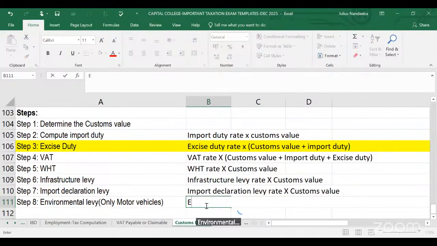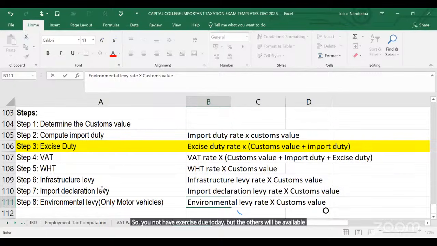Environmental levy rate times customs value. So you will not have excise duty, but the others will be available, and then you will calculate.